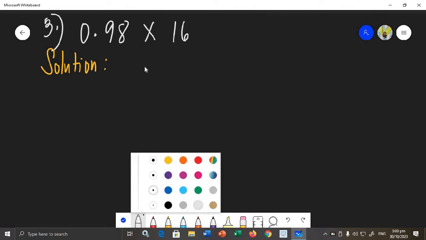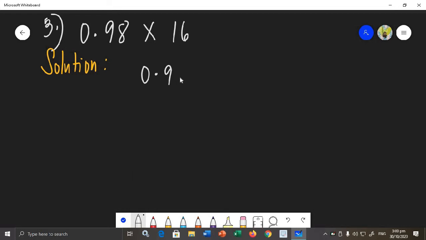So this will be 0.98 times 16 without minding if the numbers with the same place value are aligned. Okay, wala tayong pakialam kung magkakatapat yung mga numbers na may same na place value. Basta, ang mahalaga, yung mga numbers na nasa dulo, dapat may katapat sila. Kasi we will be multiplying this as if we are multiplying whole numbers. Okay? So now that okay na, naka-vertical na siya, let's multiply.